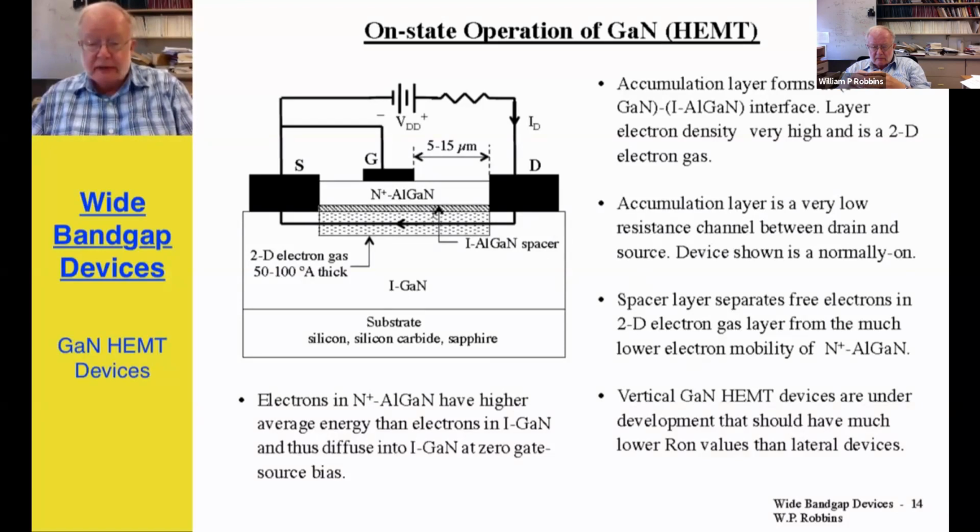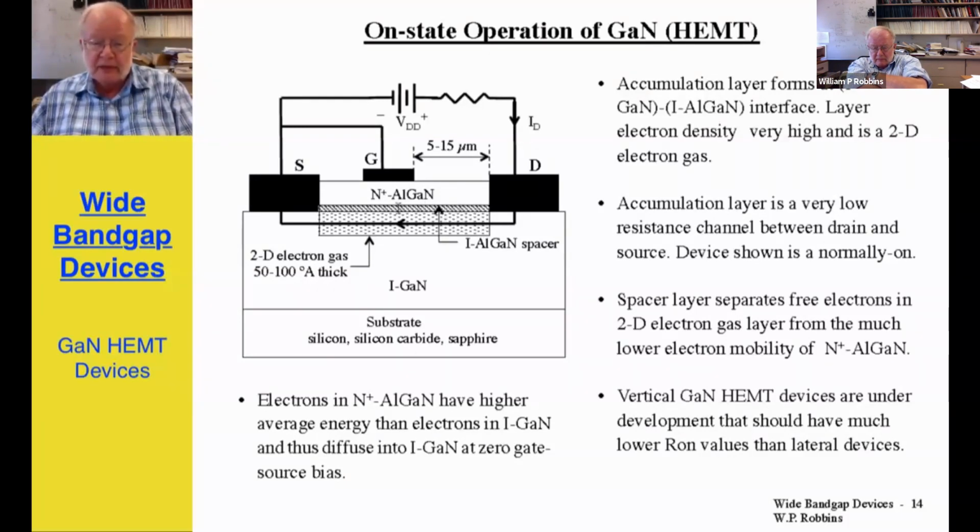The spacer layer is essential because what it does is it separates the free electrons in the accumulation layer from the aluminum gallium nitride, which is heavily doped. And this is essential because without the spacer layer, the ionized donors that are right at the interface would influence the mobility of the electrons in the two-dimensional electron gas and greatly lower their effective mobility.